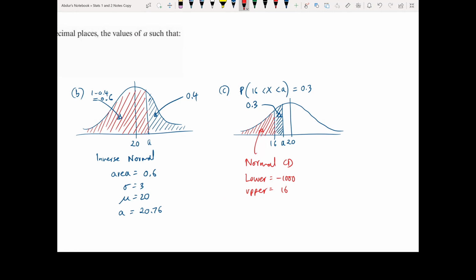And then we have our sigma value, which is given to us in the question, which is 3, and our mean, which is 20. And this will then give us a probability of 0.09121.